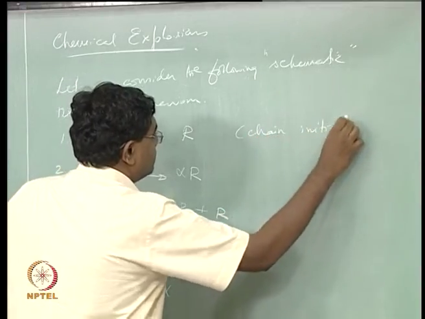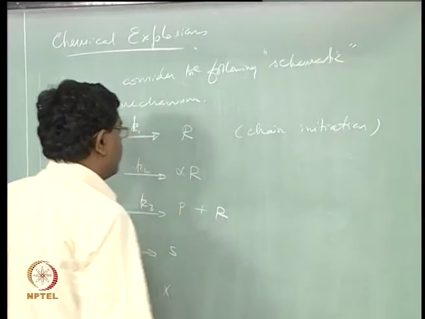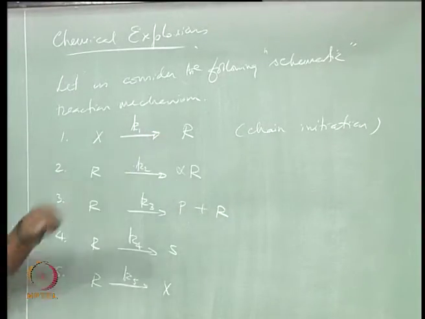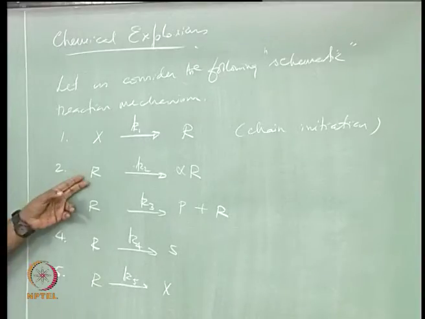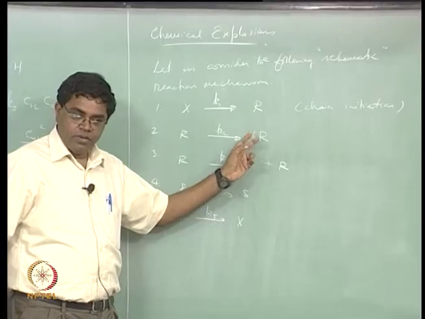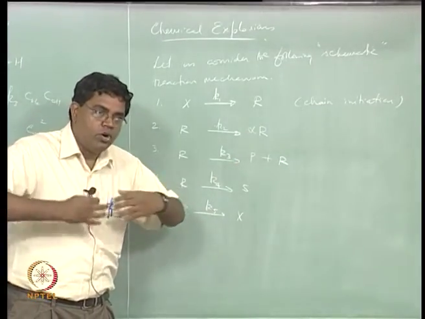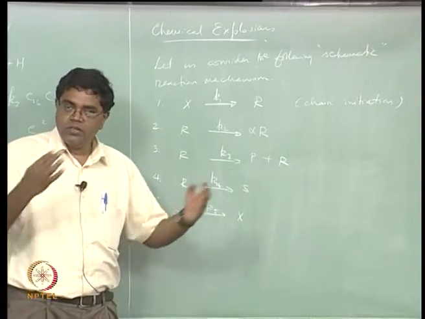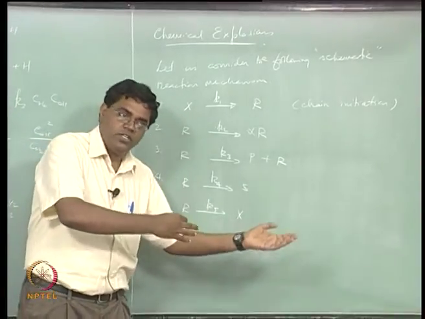Because you can now clearly see that this is a chain initiation step, right? Because this is the birth of an intermediate. R is the intermediate that we are looking at. R becoming alpha R for alpha greater than 1 means we are now branching more and more. So this is like some intermediate giving rise to more intermediate, right?